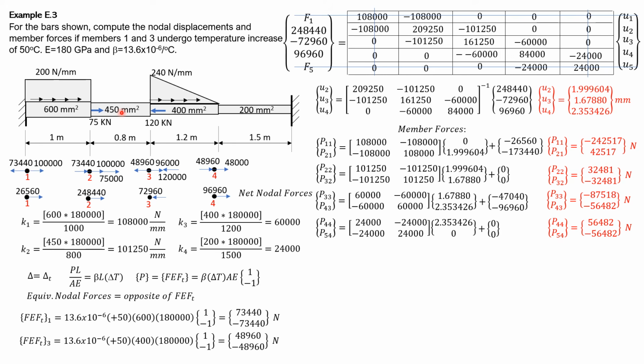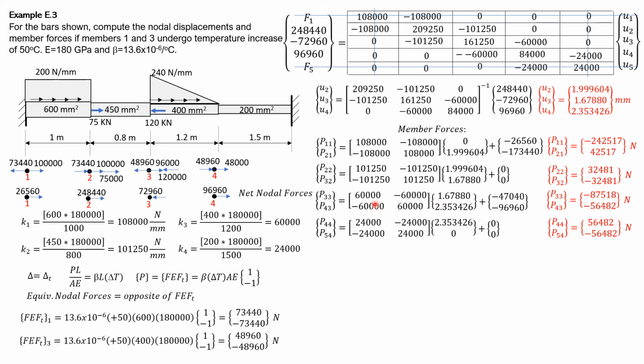So member 2 is in compression and it is uniformly compressed, unlike the other members. Members 1 and 3 are not uniformly stressed.